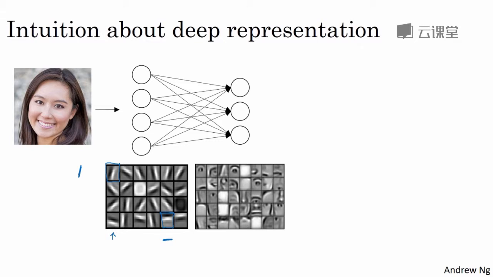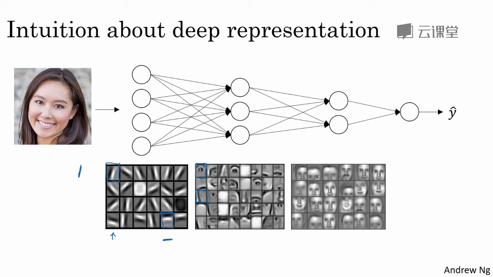So for example, you might have a little neuron trying to see if it's finding an eye, or a different neuron trying to find that part of the nose. And so by putting together lots of edges, it can start to detect different parts of faces. And then finally, by putting together different parts of faces, like an eye or a nose or an ear or a chin, it can then try to recognize or detect different types of faces.